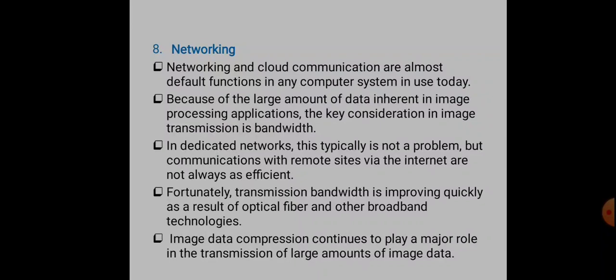If you compress the image data, the storage of that image is reduced and the content of the image is compressed. After compression, the transmission speed is higher compared to before. So image data compression plays a major role in transmitting large amounts of image data at a higher speed. Networking is important in all areas, for example telehealth technology, as I already said. Without a network you can't transmit the data.